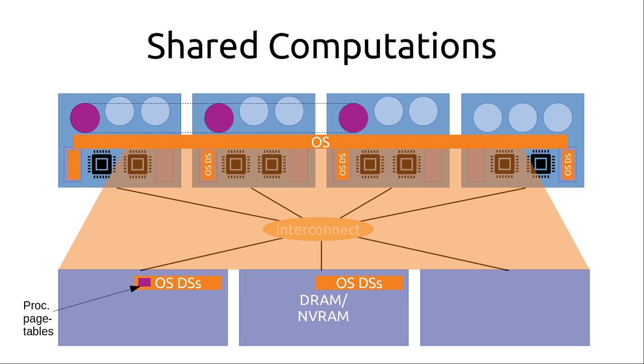However, if you start placing the process's page tables and all of its operating system auxiliary data structures within the shared disaggregated memory, now you can actually start running that exact same process on each of the nodes. So I have the dotted lines here to designate that those are essentially the same process, the same page table structures, the same access control, the same memory, etc.